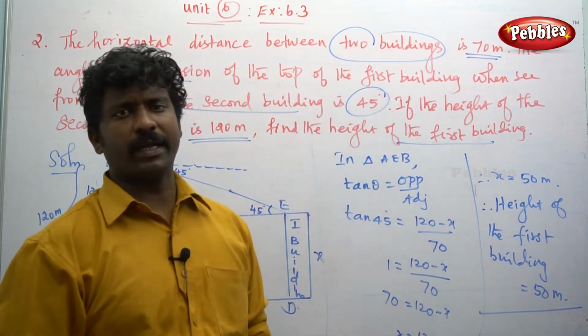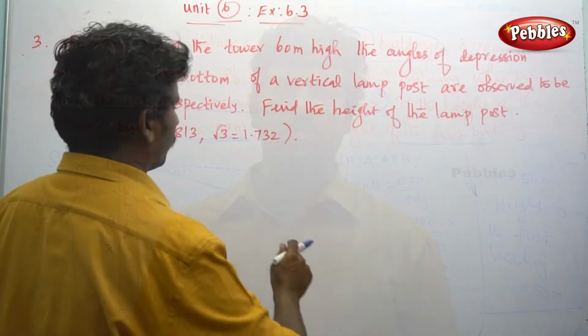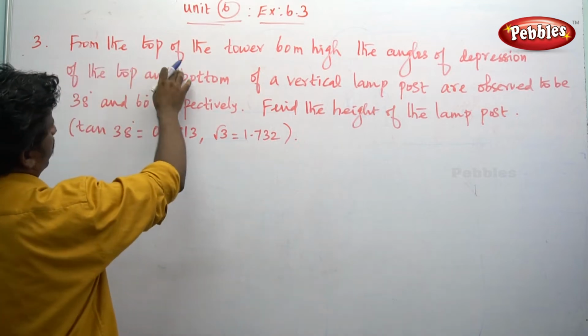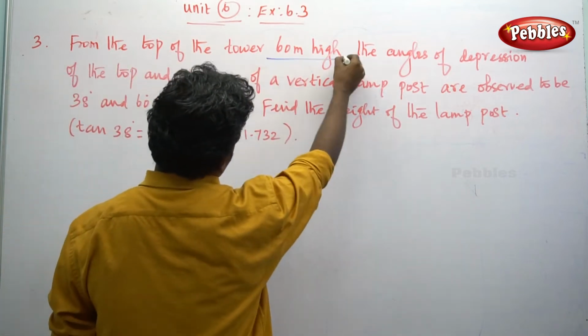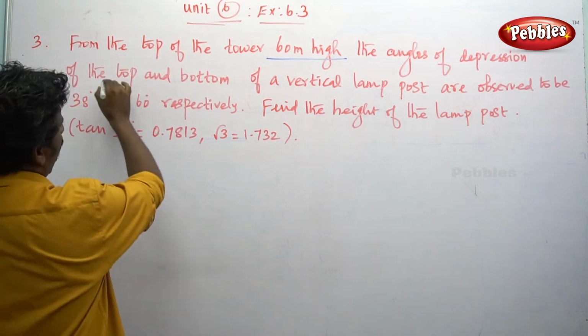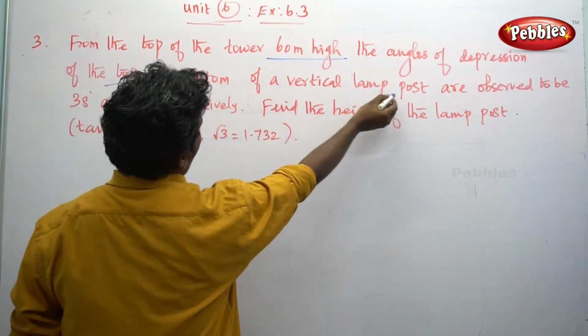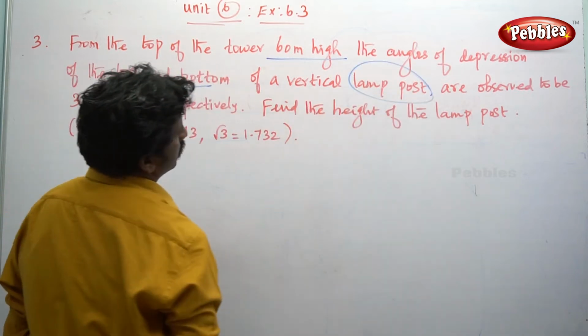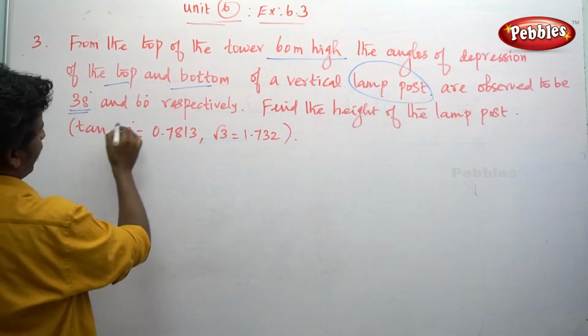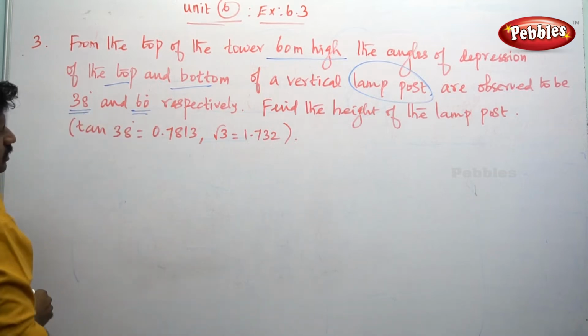Understood? Now let's see the next problem, question number 3 in exercise 6.3. From the top of the tower, 6 meter height, the angles of depression of the top and bottom of a vertical lamp post are observed to be 38 degree and 60 degree respectively.